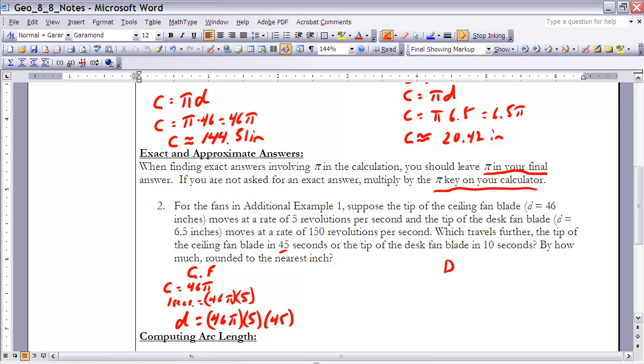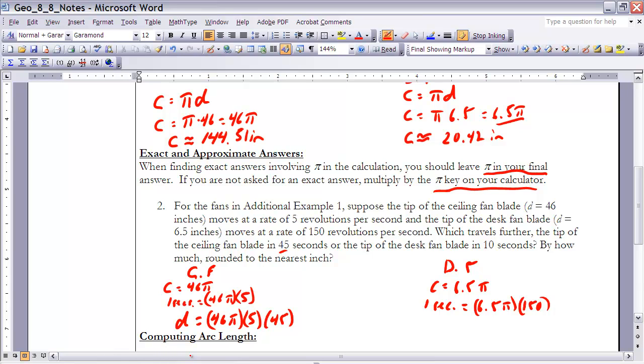The desk fan has an exact circumference that is equal to 6.5 times pi. Okay, that's what we had up here. And then we know that it does 150 revolutions in 1 second. So in 1 second, it's equal to 6.5 pi times 150.